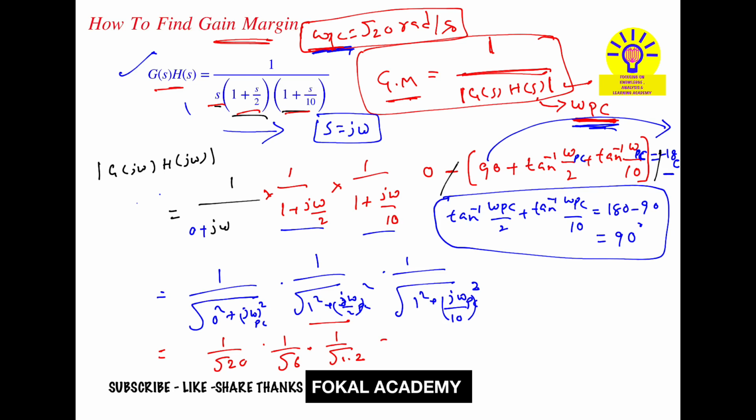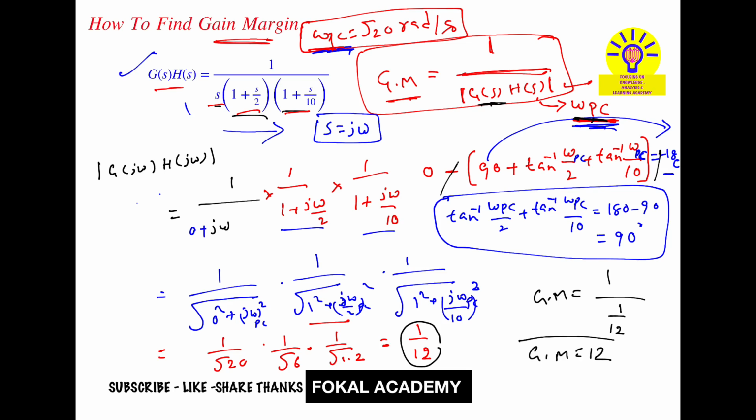Finally, by simplifying this with the calculator, we get 1 by 12. This is the magnitude, but here we want the gain margin. Gain margin is equal to the inverse of the magnitude we got at the phase cross frequency. The magnitude is 1 by 12, so the gain margin is equal to 12.